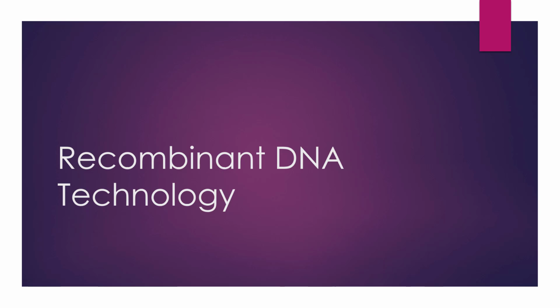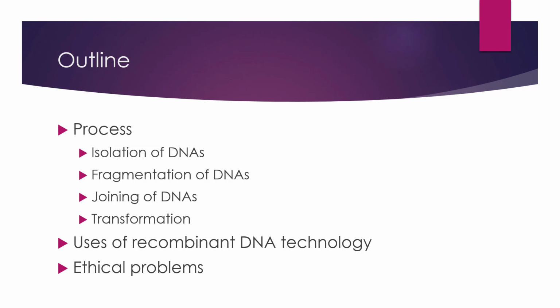And so the goal of this presentation is to go through the actual processes, the actual methods, and the tools that are used to create a recombinant DNA molecule. So this is the outline of the presentation.